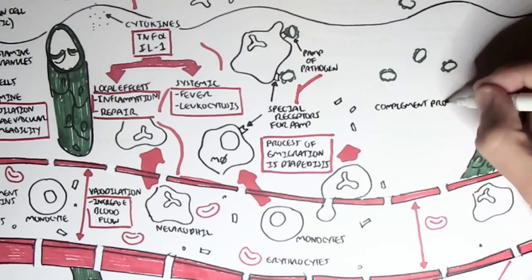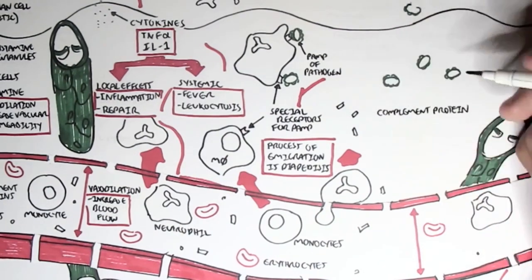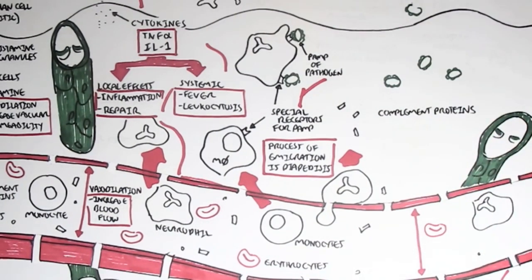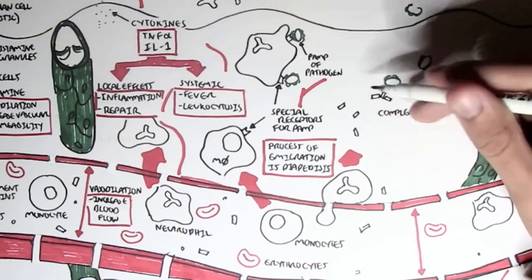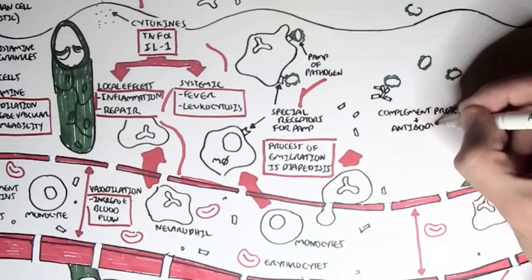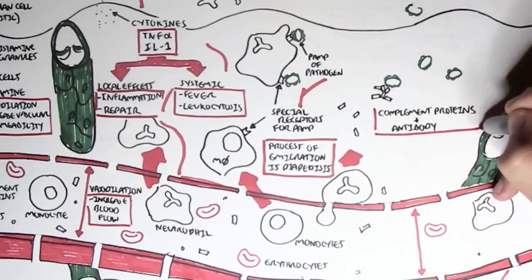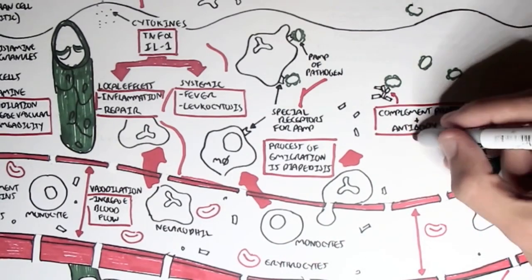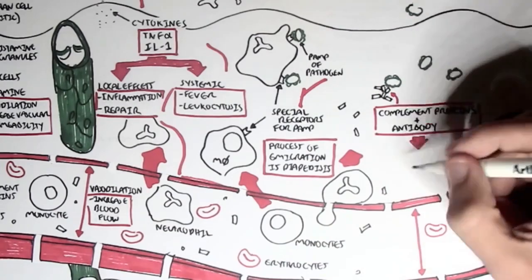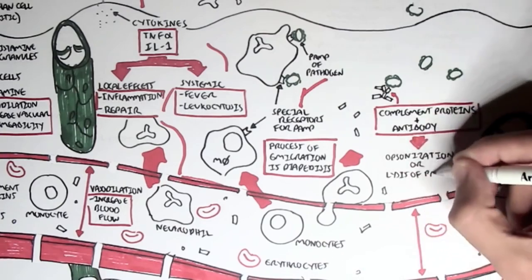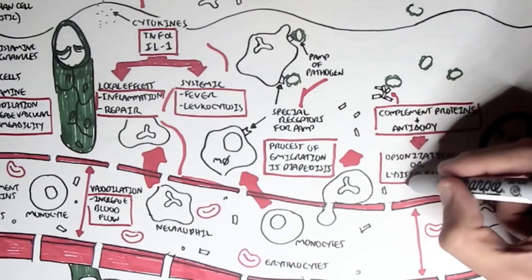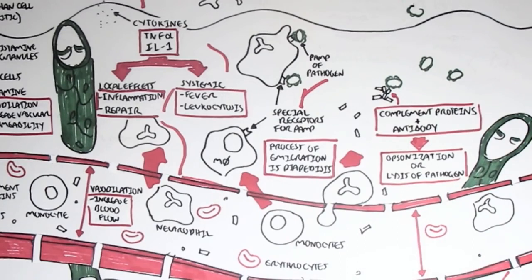So how about the complement proteins, the plasma inflammatory mediator? What do they do? Well, if a bacteria or the pathogen is present, the complement protein with antibodies can cause a few things to happen. It can cause opsonization, or it can essentially create a hole within the pathogen, causing it to lyse.